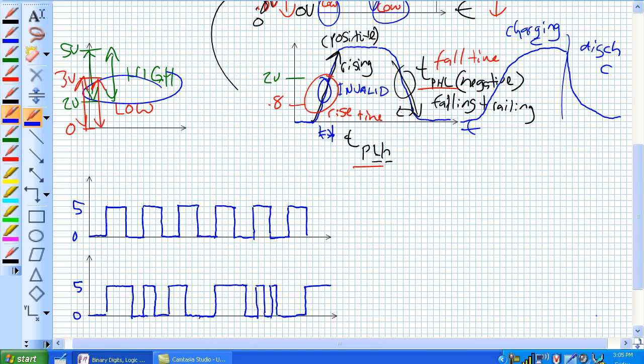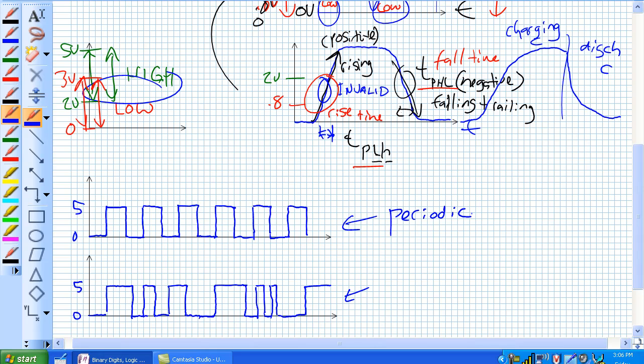So given these two digital waveforms right here, what can you use to describe them? Well, your first thing that comes to your attention, this seems to be very regular, where this seems to be somewhat random. Okay, so a regular waveform which repeats itself every certain number of seconds is a periodic waveform. And the same formula we used in EET 112 when describing AC waveforms, where the period is the length of time it takes for the wave to repeat itself.